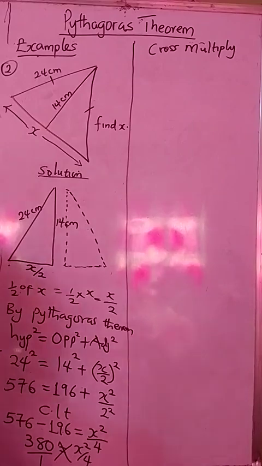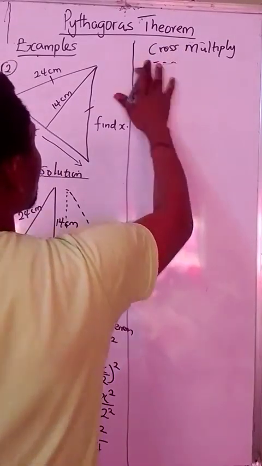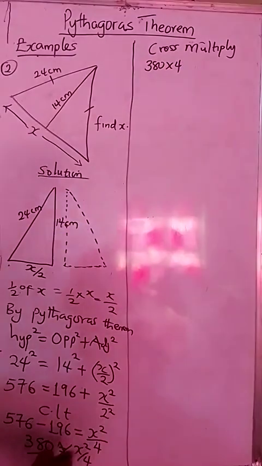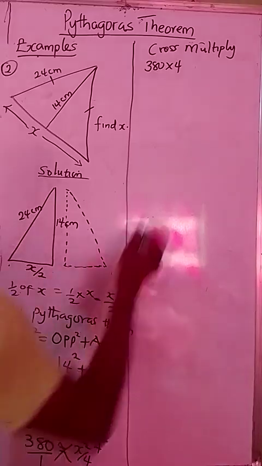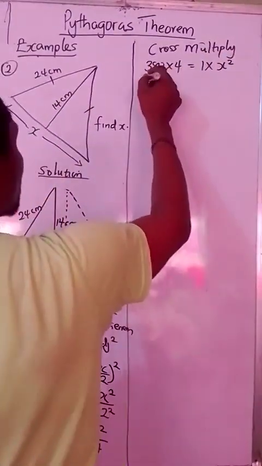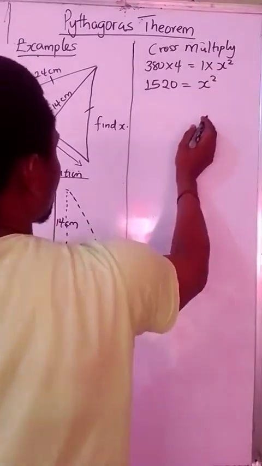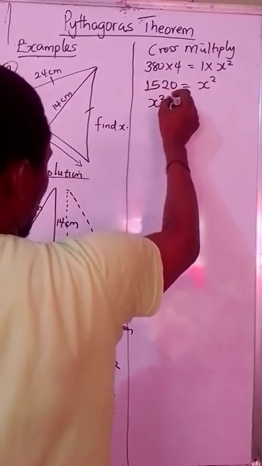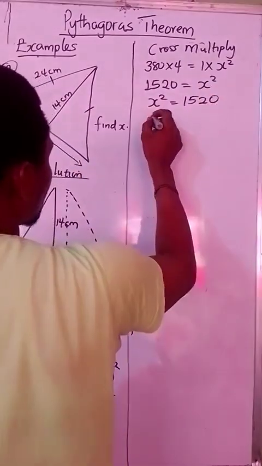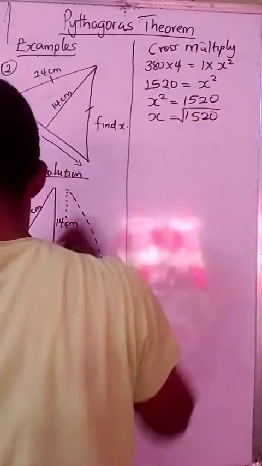So 380 times 4 will give you 1520. Okay, let me do this. Just see, 380 times 4 will now be equals to 1 times x squared. So 380 times 4 is 1520 equals to x squared. Which is x squared equals to 1520. So x will be equals to root 1520.